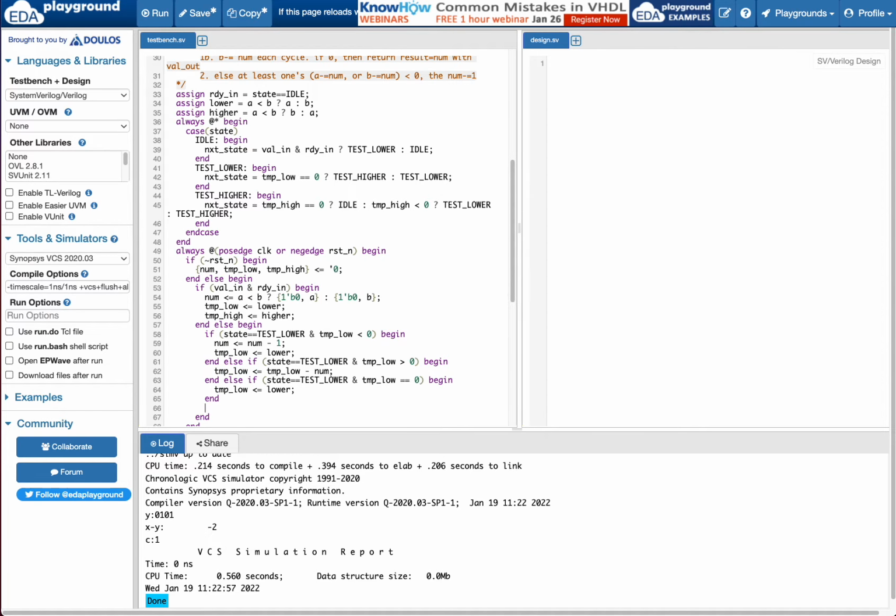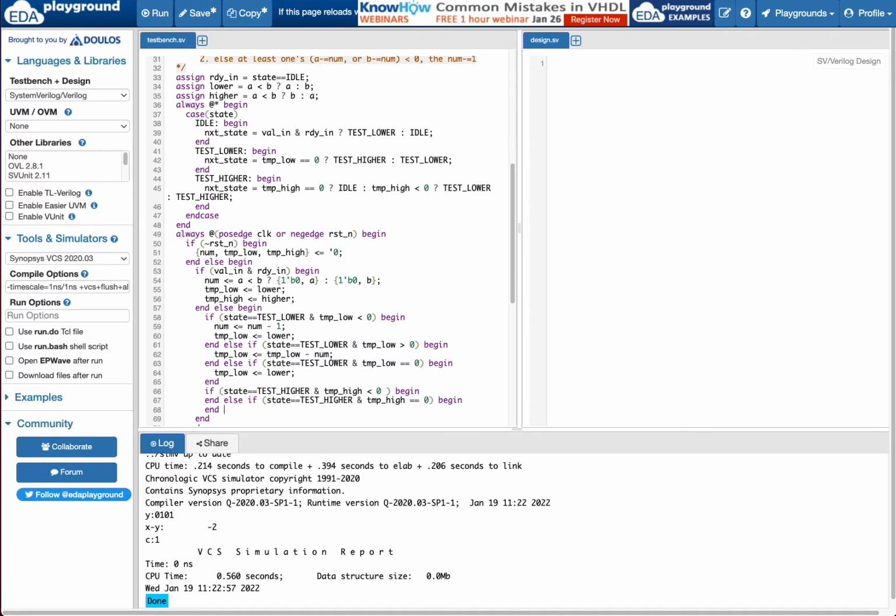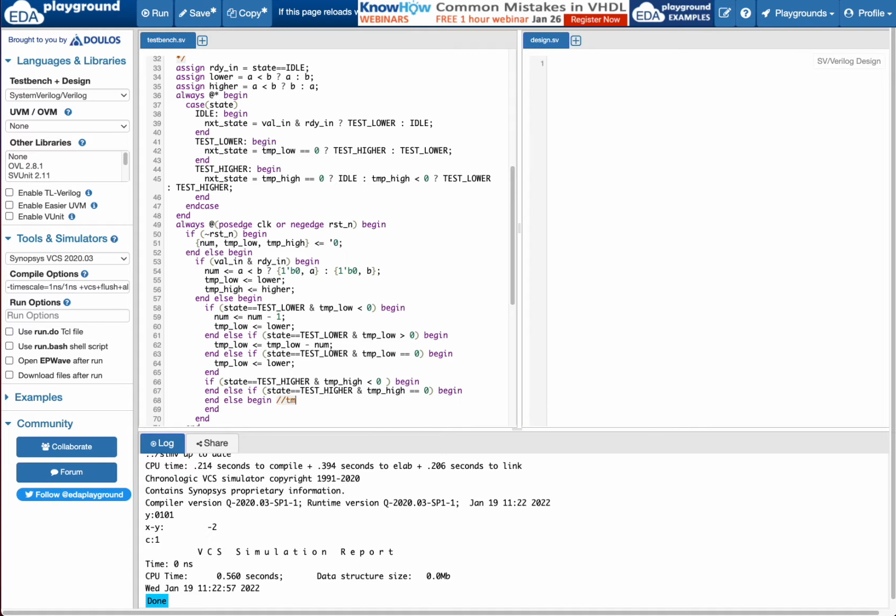Okay, so the next thing I'll need to handle are these mutex states, because if state is higher, then we basically, I call it temp high, not higher, yeah. Then we'll basically be mutex of this.